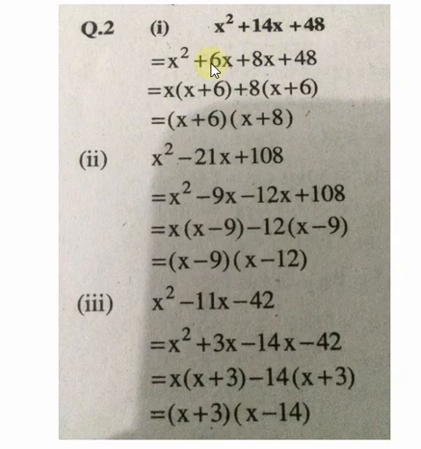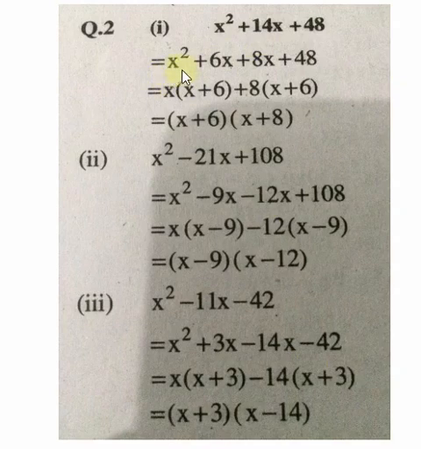So we break it as 6x + 8x, where 6x + 8x can be written as 14x and 6 into 8 is equal to 48. So we make the factors of 48 whose sum is 14 and product is 48. So this is the midterm breaking of 14x.